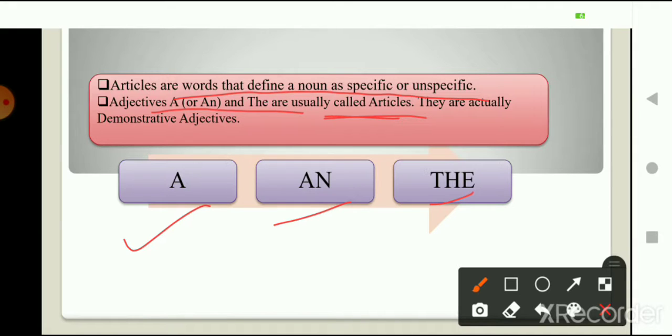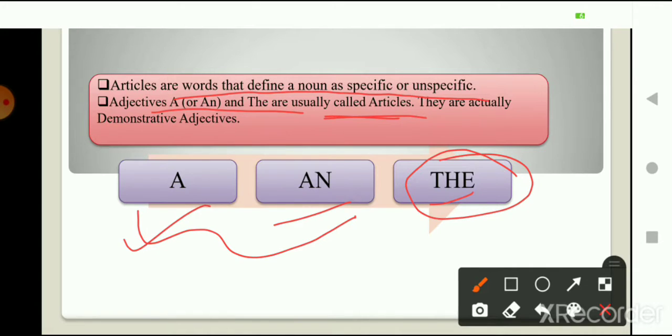Okay, now let's move forward with the topic, that is, what are articles. We have already discussed it. Articles such as a and an, okay, these two articles are known as indefinite articles. Indefinite articles are a and an, and the is known as the definite article.